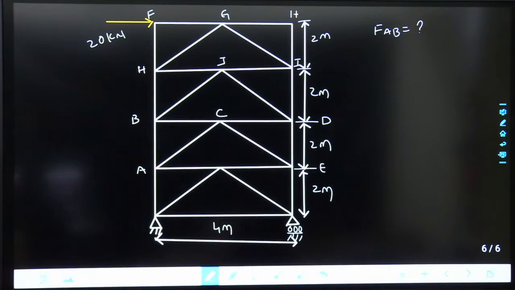Please solve the question and give me the answer.